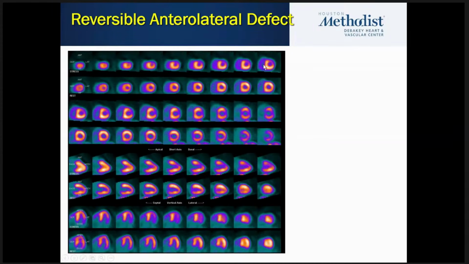Looks great. Now, looking at the stress images, there is a perfusion defect in the anterior anterolateral wall, mostly in the apical, mid, and even basal segments. So most of the anterolateral wall has a perfusion defect.